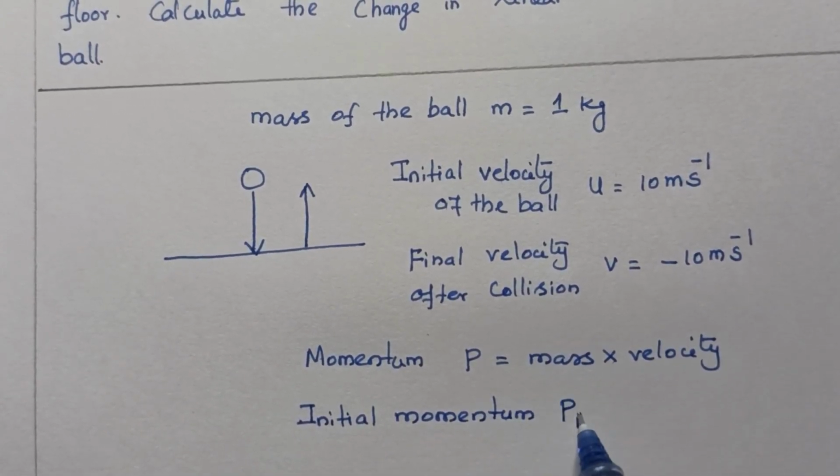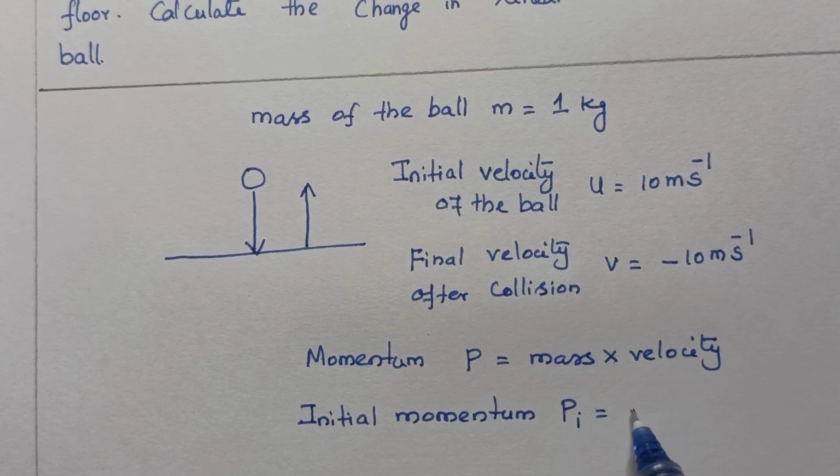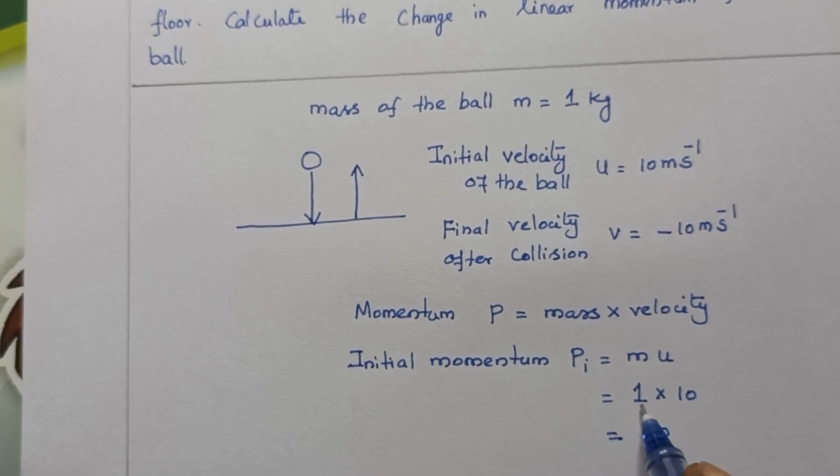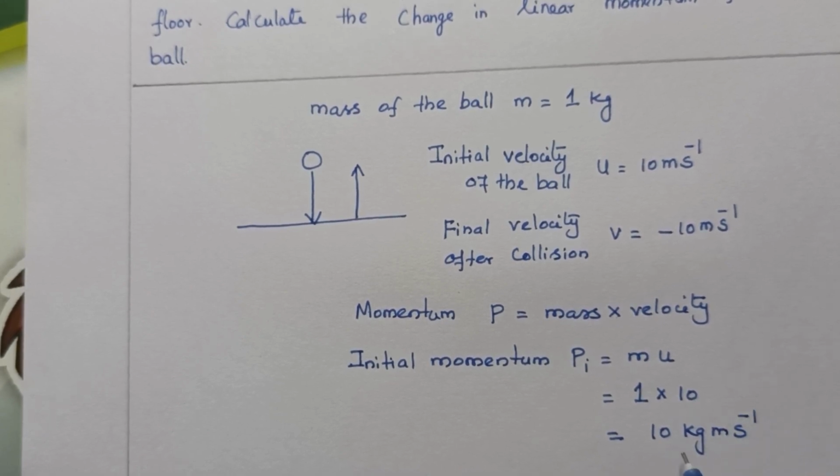Pi is equal to mass into initial velocity. So mass is 1 kilogram, initial velocity is 10 meter per second, and the answer will be 10. Unit of mass is kilogram, unit of velocity is meter per second, therefore the unit is kilogram meter per second, which is a unit for momentum.